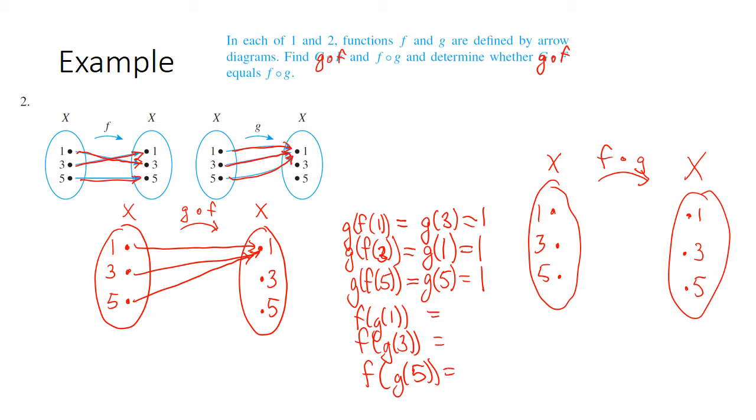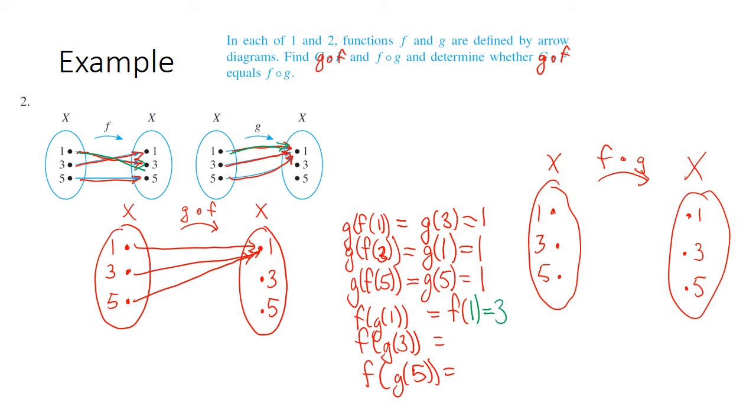Okay, so first let's evaluate g of 1. So g of 1 is, maybe let me do this in a different color. Okay, so g of 1 is 1, and then f of 1 is 3.